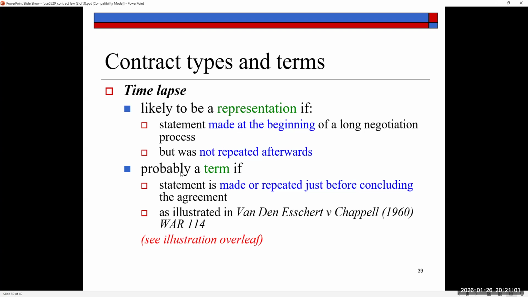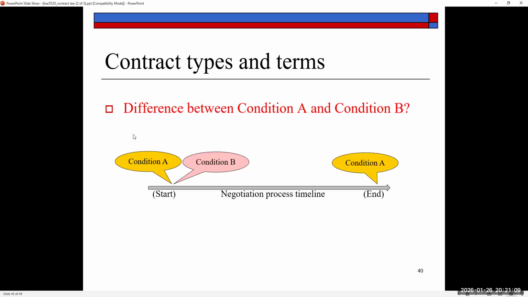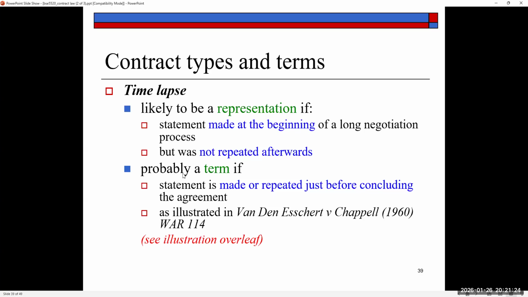And it would probably be a contract term if the statement is made or repeated just before concluding the agreement. Condition A was mentioned at the beginning, and is repeated just before the end of the negotiation. This condition A is probably a contract term.